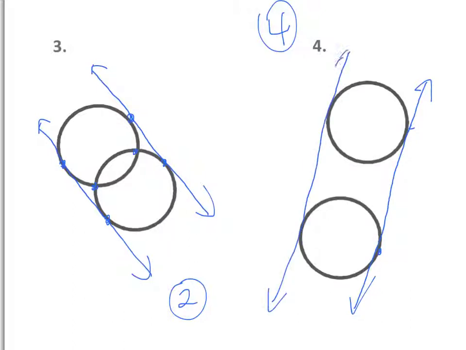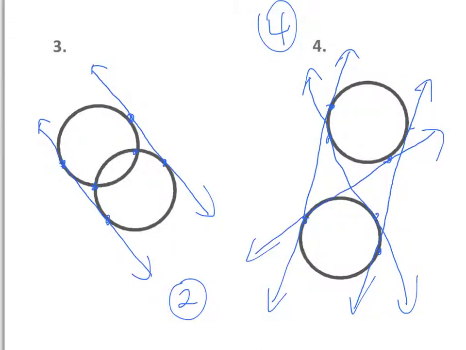Here's 2. That's supposed to be straight. There's 3. And there's 4. Again, the points of tangency don't have to be the same, but there's 4 lines I can draw that are tangent to both of those circles.